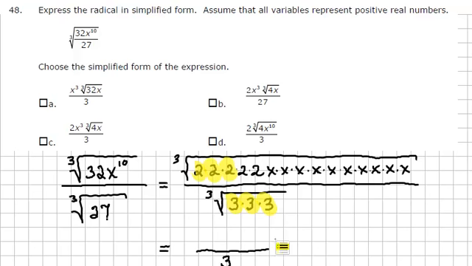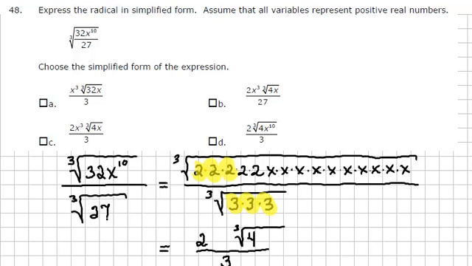So we're only going to be able to bring out one of the 2's, and we'll need to leave the other 2 underneath of the radical. So we'll have the cube root, and 2 times 2 is 4. So we're going to have a 4 that's left underneath of the cube root, because 4 is a product of 2 2's, not a product of 3 2's.